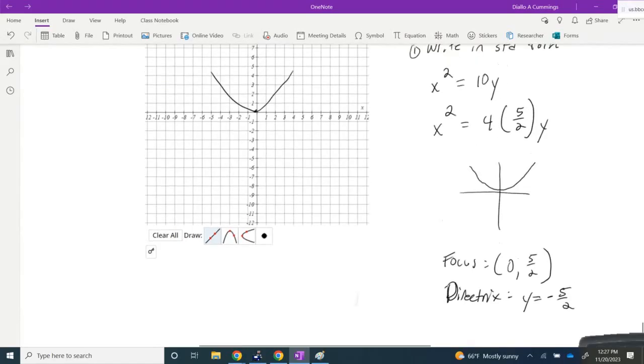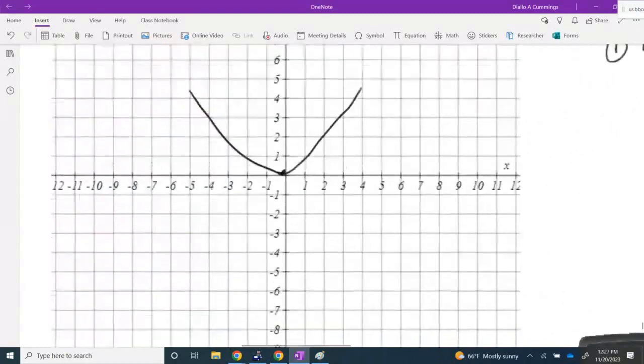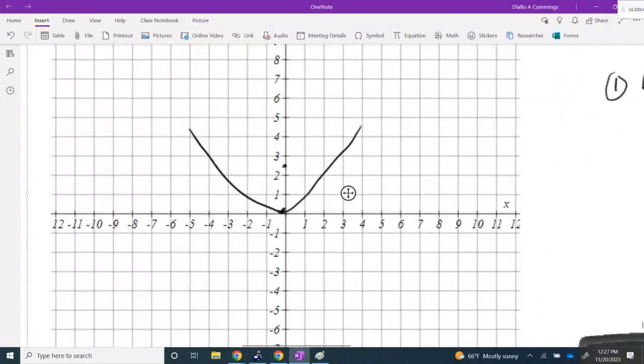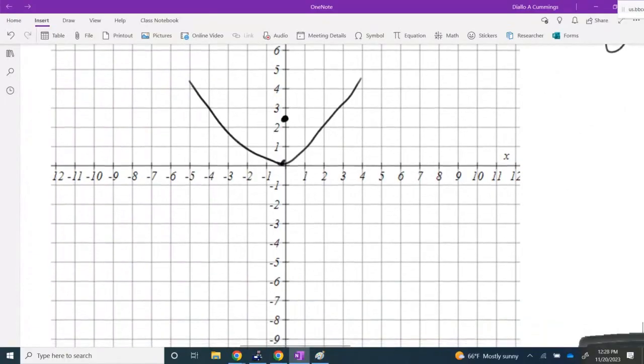Right, so 5/2 is like what, 2.5? So 2.5 would be like here. I'm going to plot it in the XYZ homework. And then y is equal to -5/2 would be like here.